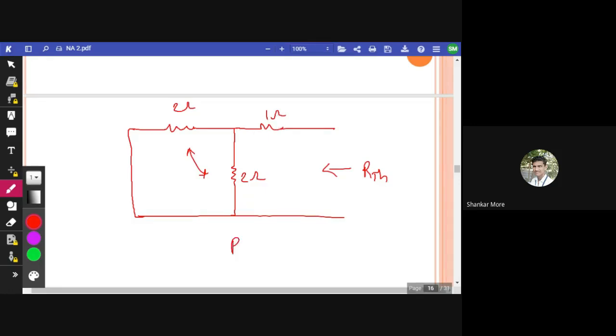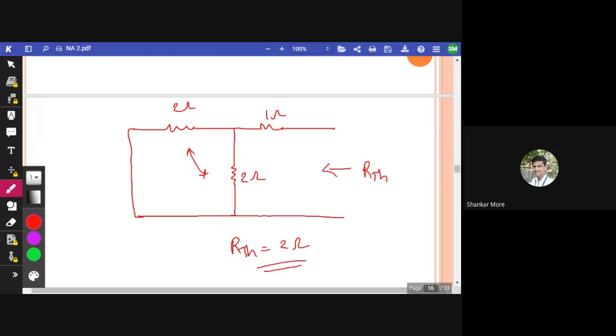So RTH will be 2 ohm. All right, any issue, difficulty? It shouldn't be there. So guys, this was the first type of calculation of RTH.